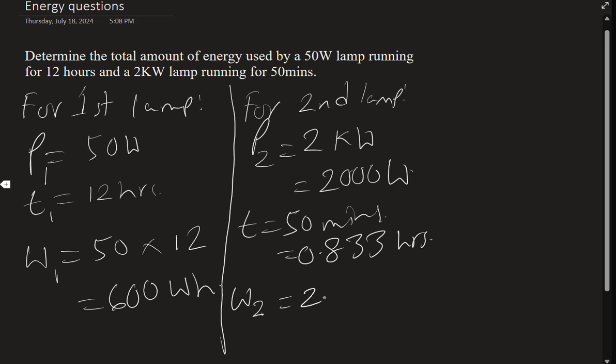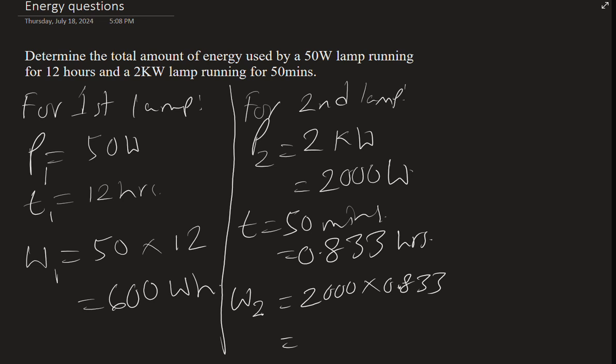So that's 2000 watts times 0.833 hours, equal to 1666 watt hours.